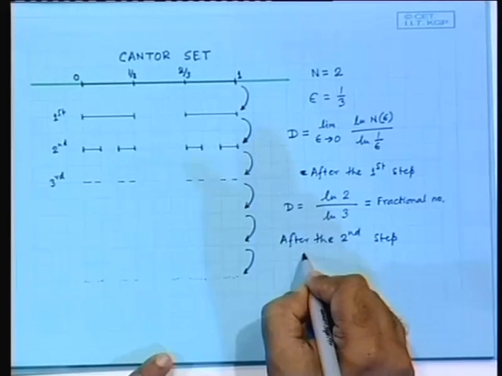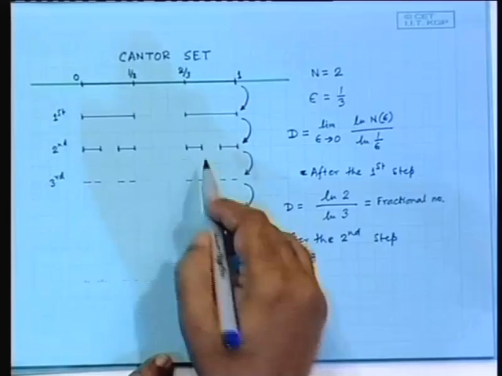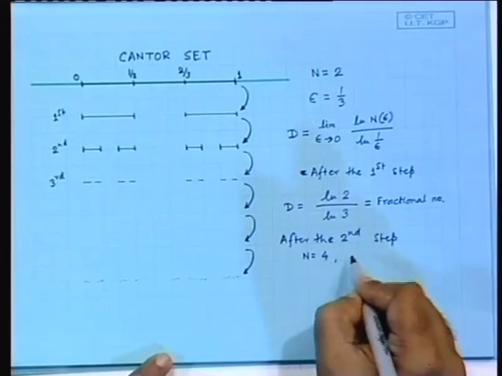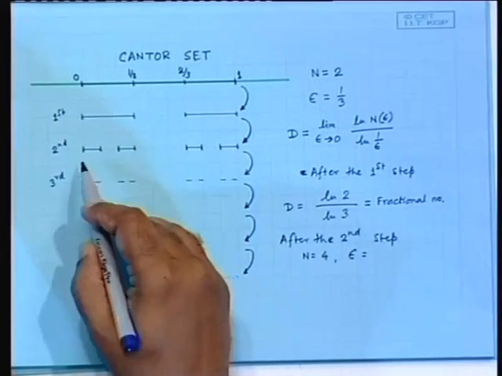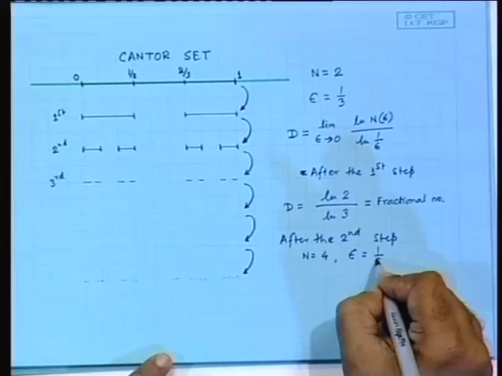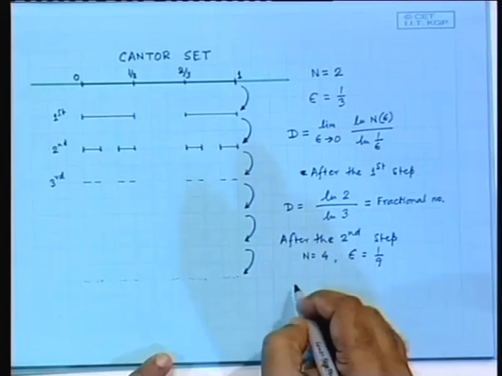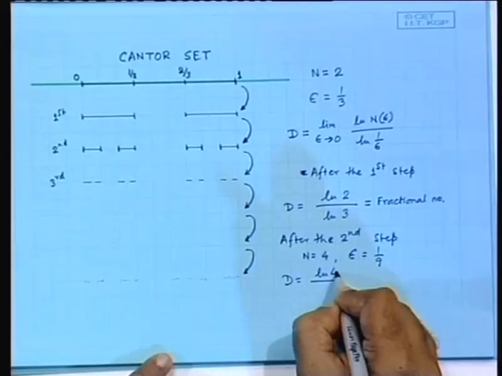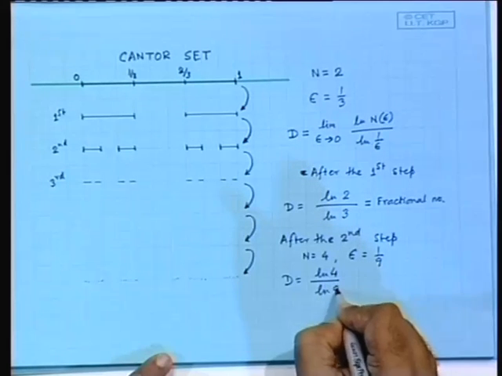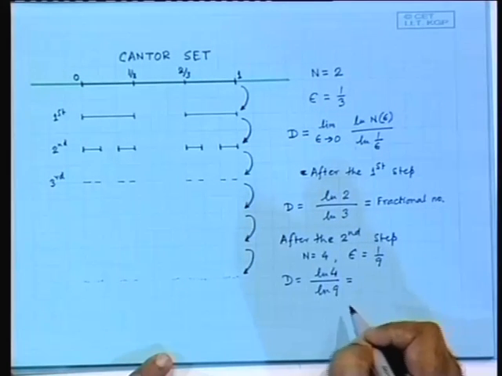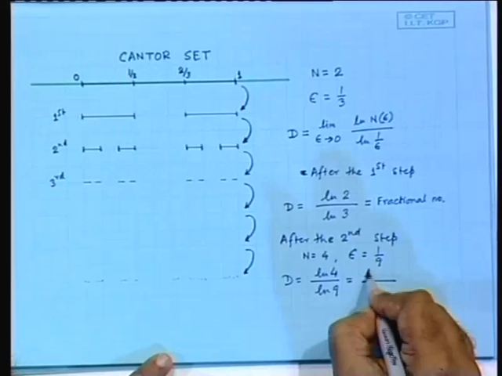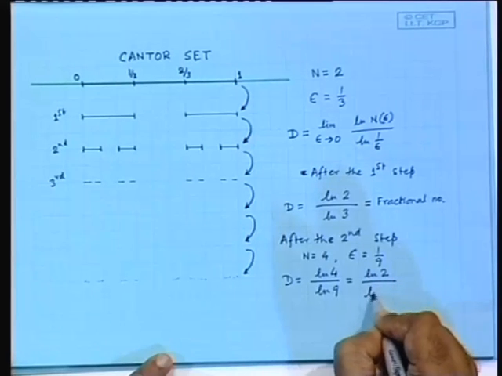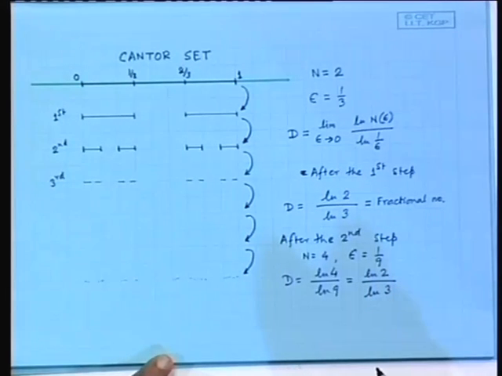At this stage, n is equal to 4 and epsilon is 1/9. So, d is ln 4 by ln 9, which we can easily say is equal to ln 2 by ln 3.